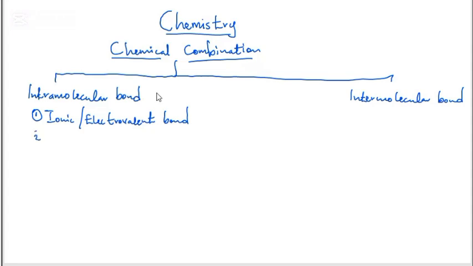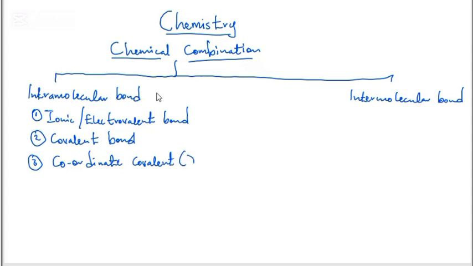Number 2, we have your covalent bond. Number 3, we have your coordinate covalent bond, also known as your dative bond. And lastly, we have your metallic bond. So these are the bonds within the molecule.